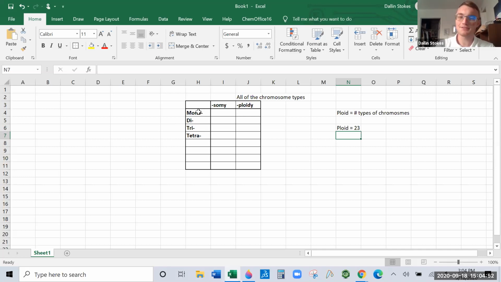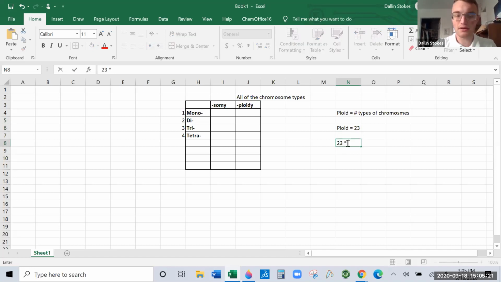Now the prefix mono means 1, di means 2, tri means 3, tetra means 4. When we're doing ploids, it's a multiplication thing because we're saying how many of every kind of chromosome do we have. So if you are diploid, that means you've got 2 of every kind of chromosome, so you do your ploid, which was 23.